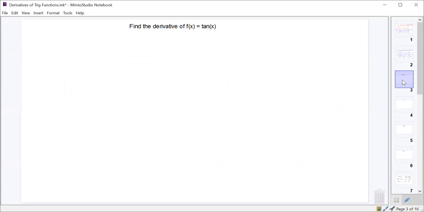Just put sine over cosine. Yeah, tangent is the same as sine over cosine, right? Do you know how to take the derivative of a quotient of two functions? Yeah, using the quotient rule. So we'll use the quotient rule, and we know the derivatives of sine and cosine.